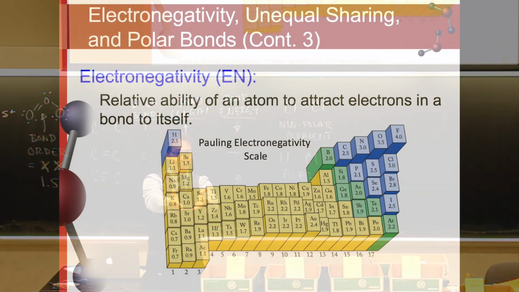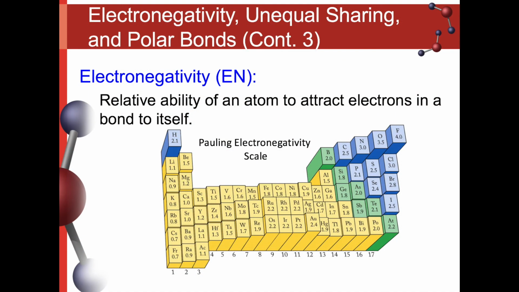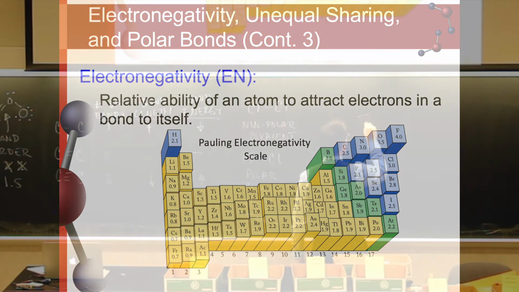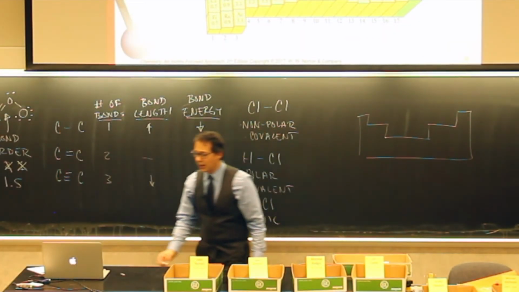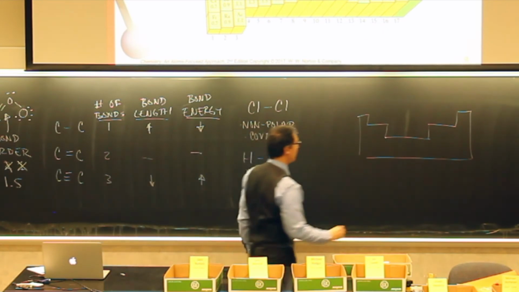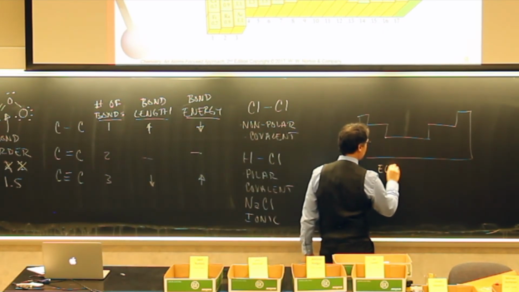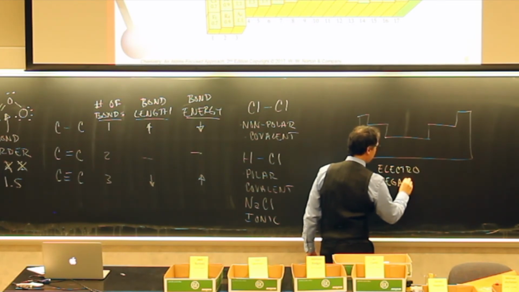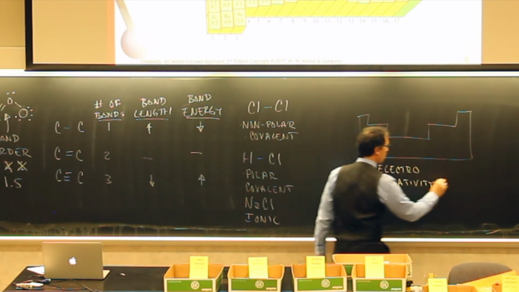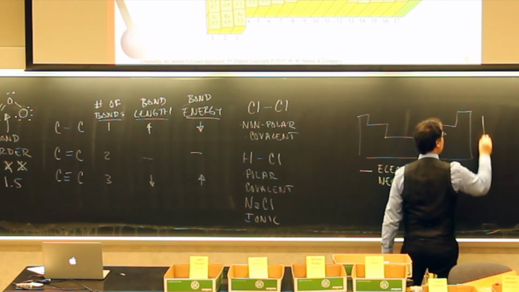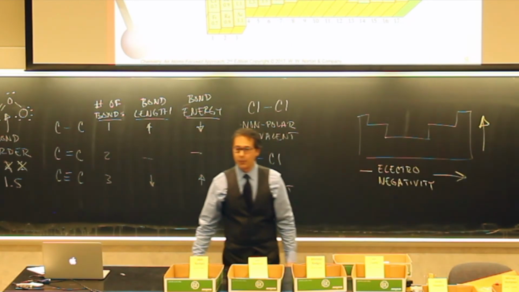You see a trend, right? If you're going to draw a periodic table, our electronegativity tends to go this way and this way on the periodic table.